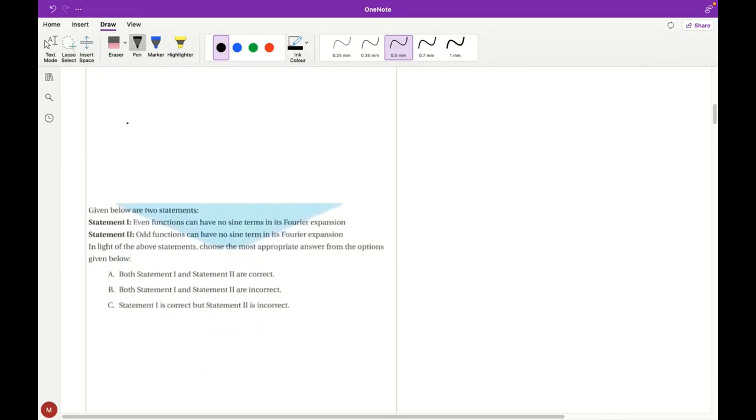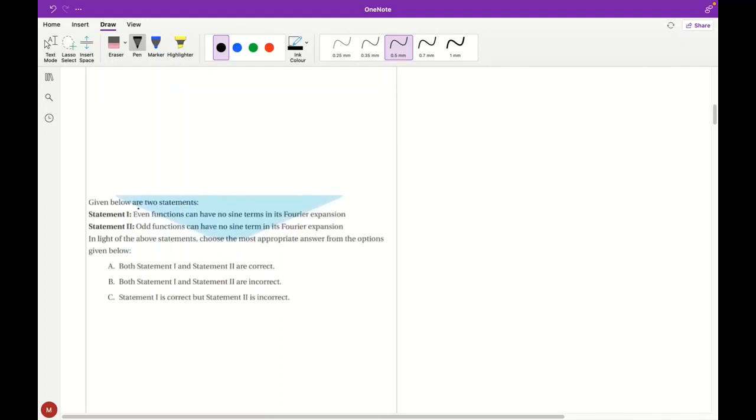Now come to the next question. This question is from Fourier series. The first statement is that an even function can have no sine terms in Fourier expansion, and another statement is an odd function can have no sine term in Fourier expansion.